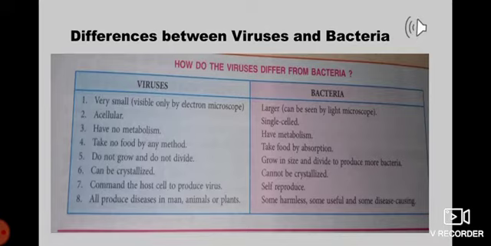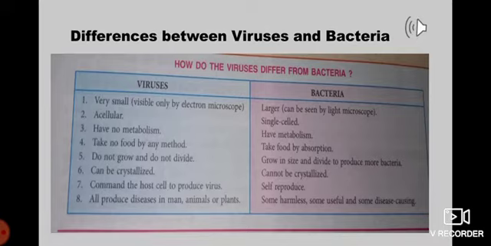are very small, as I already mentioned, so they can only be visible by an electron microscope. An electron microscope uses an electron ray to see the object under the lens, so a very minute particle can also be visible by it.